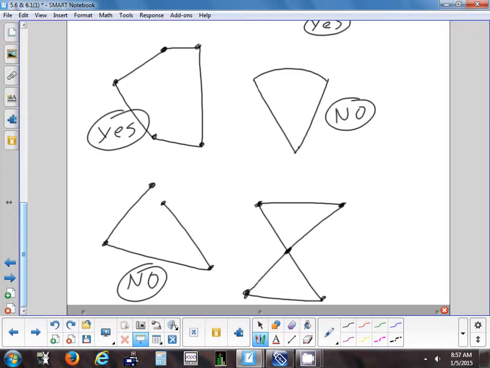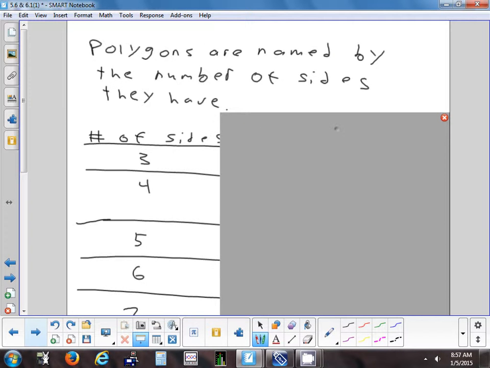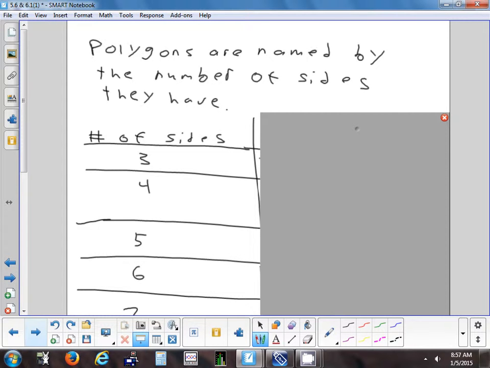That can happen if things cross. In general, if segments cross each other, that will mess up the definition of a polygon. Any questions on that? So there are some examples of shapes that are and are not polygons. When we name a polygon, generally we name it by the number of sides it has.